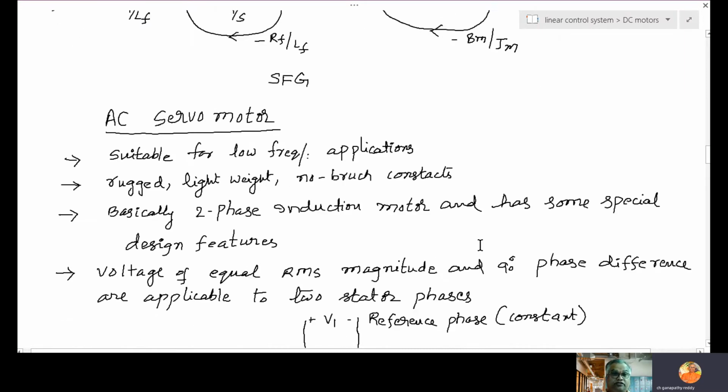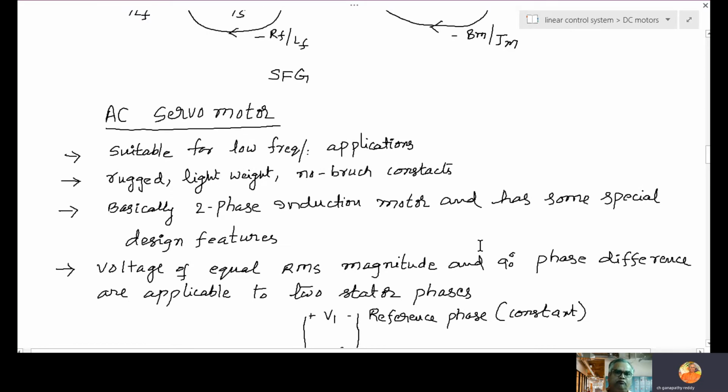Okay. Next, another important motor is the AC servo motor. This AC servo motor is suitable for low frequency applications. A general motor is for heavy applications, but for control system applications, the motor should be more stable. The AC servo motor has rugged construction, is lightweight, and has no brush contacts.